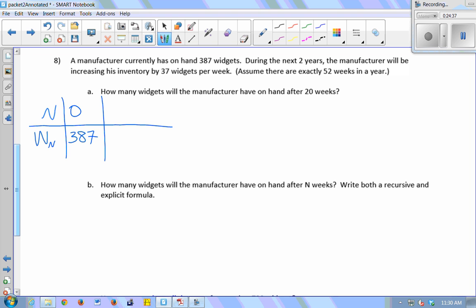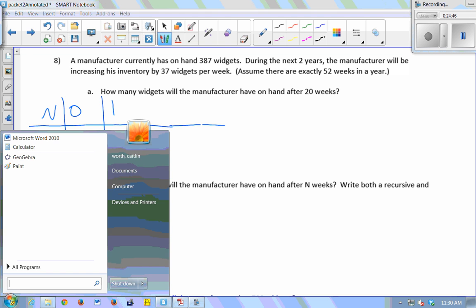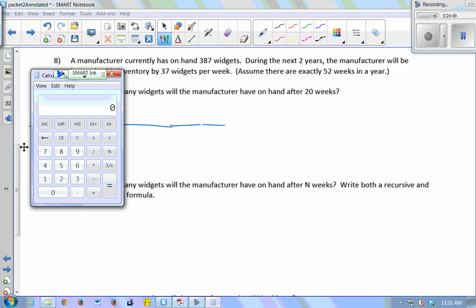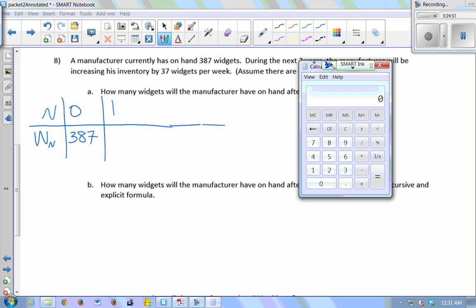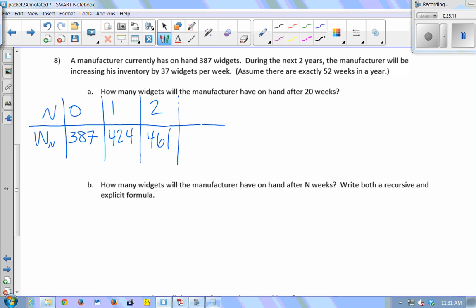And then at one week later, because n is going to represent weeks, 387 plus 37, I should get a calculator out here. 424. Next week, I have 424 plus 37, 461. That should be more than enough information to write my formulas.